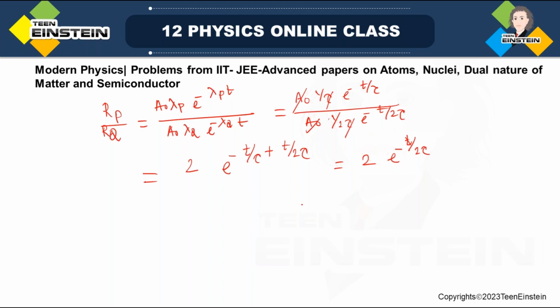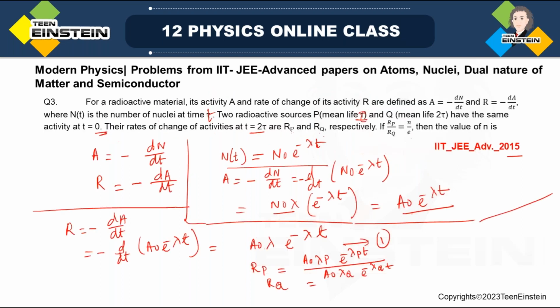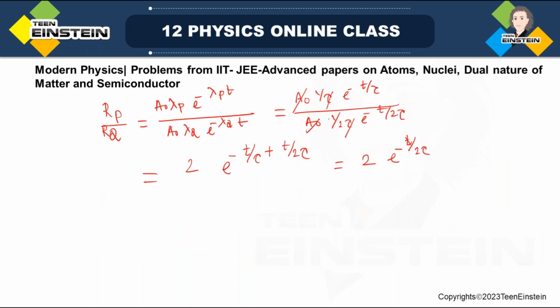Let me check once again. The time is given as t equal to 2 tau, so we write the time as 2 tau. So e to the power minus t by tau with t being 2 tau gives e to the power minus 2, and it is also 2 tau in the other term, so the ratio is 2 by e, right?